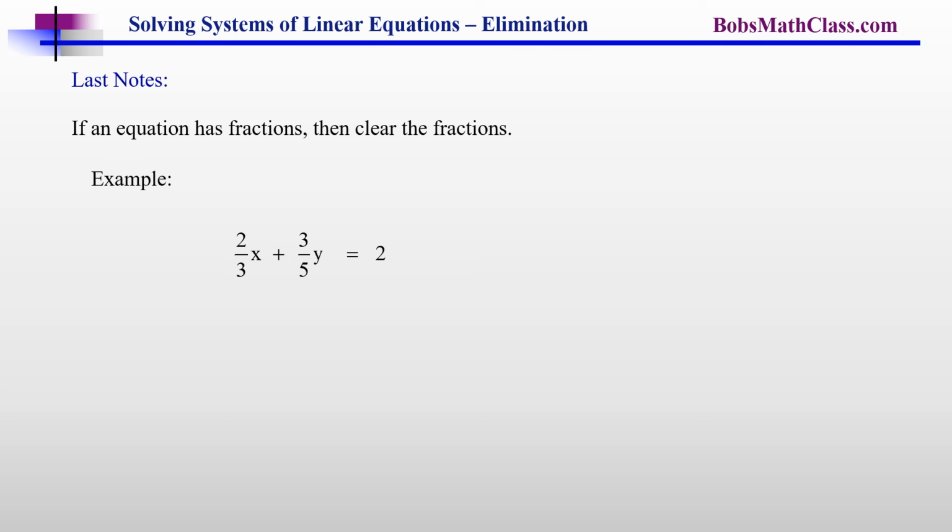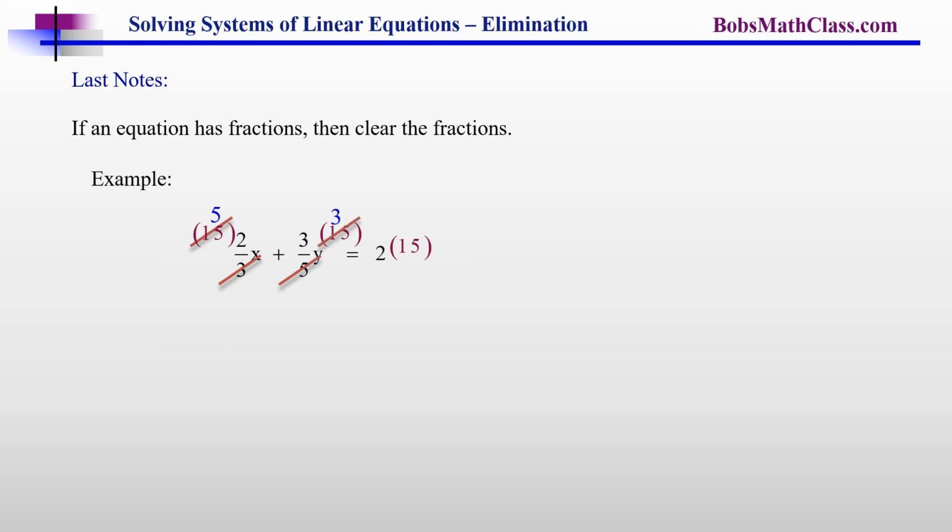Remember that 2 on the right is 2 over 1. So we're going to multiply each term by the LCD, which is 15. So everybody gets a 15. Then you're going to reduce. So 3 goes into 15 5 times. 3 goes into itself once. I didn't put the 1 there. And then how many times does 5 go into 15?